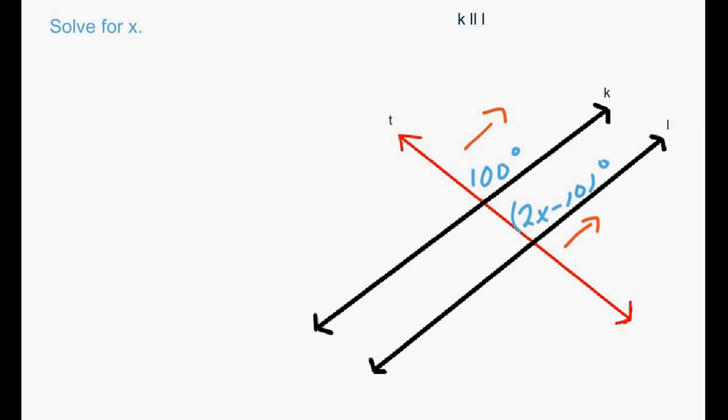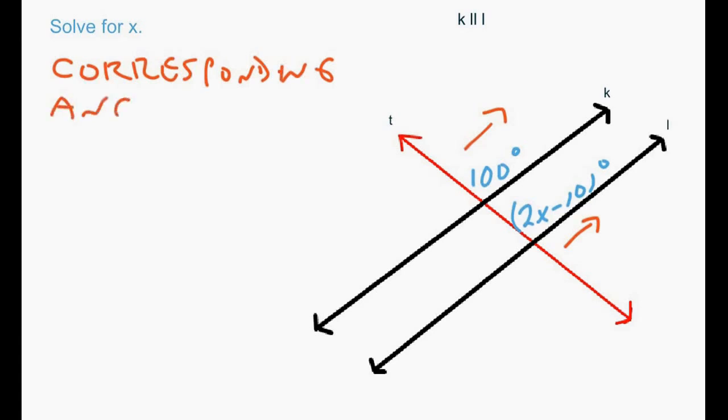But they both are in the same position on each line. 100 is right above line K and 2x minus 10 is right above line L. When that happens, we call these corresponding angles. And we learned that when a transversal intersects two parallel lines, corresponding angles are congruent.